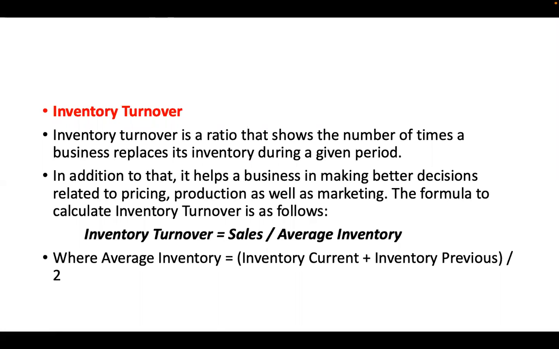So the inventory turnover ratio basically helps indicate the number of times a business replaces inventory. So how fast the stock has been updated in a warehouse and how fast it is moving to the ultimate consumer. This is what we call inventory turnover. So how fast our inventory or stock is being sold into the real market, we can say.